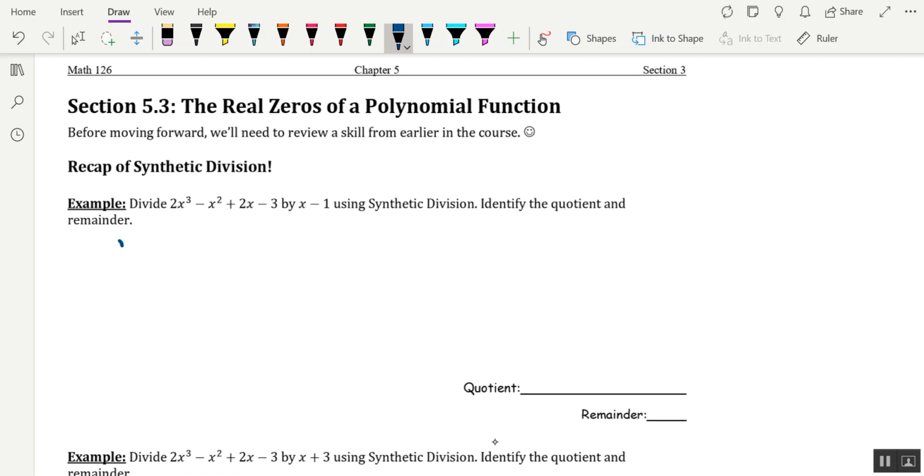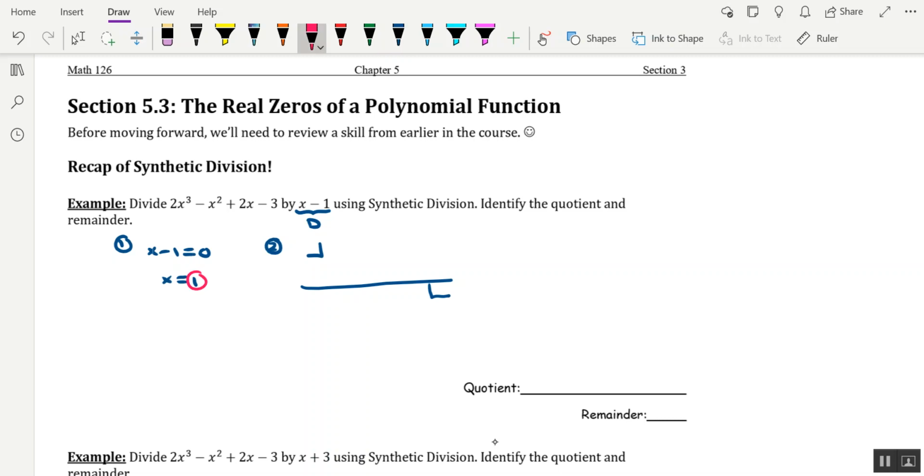Alright, so step 1 is to take the divisor, which is x minus 1, set it equal to 0, and solve for x. Step 2, we'll set up the synthetic division by drawing this little half box, a long equal bar, and underneath the equal bar to the far right, we'll draw a second half box.